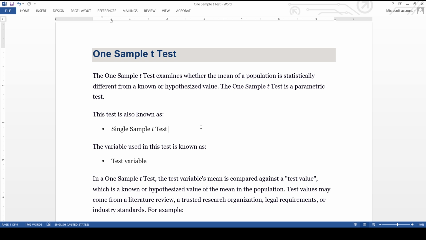Now, one sample t-test examines whether the mean of a population is statistically different from a known or hypothesized value. What do we mean here? I want to compare myself with another man and say I'm older than you.